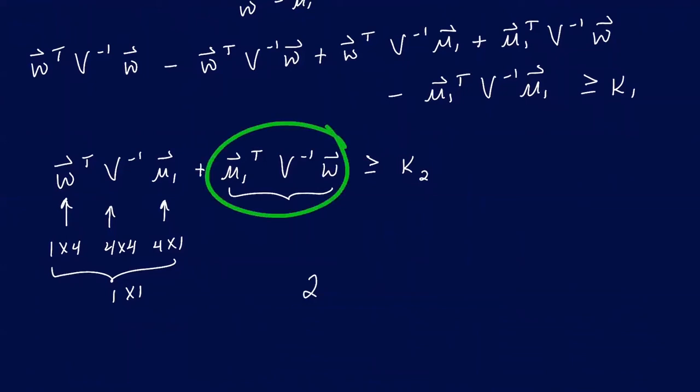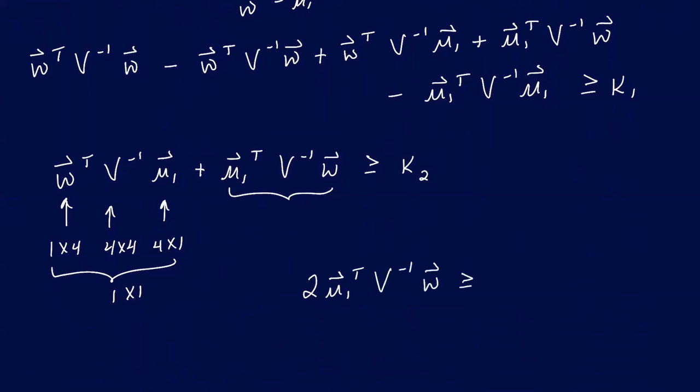I'm going to go with this one. Mu1 transpose V inverse W greater than or equal to K2. And this is a scalar. So we are down to one-dimensional computations, as ugly as it might seem. You might also move the 2 to the other side, and that might be it.